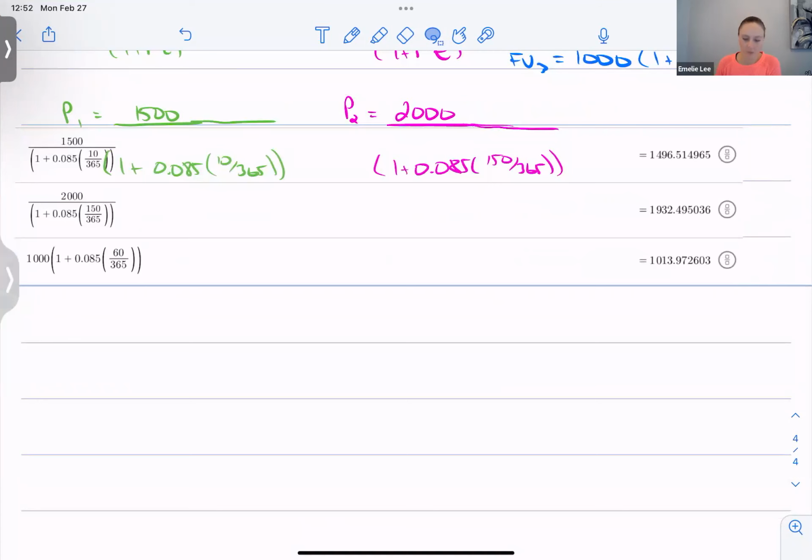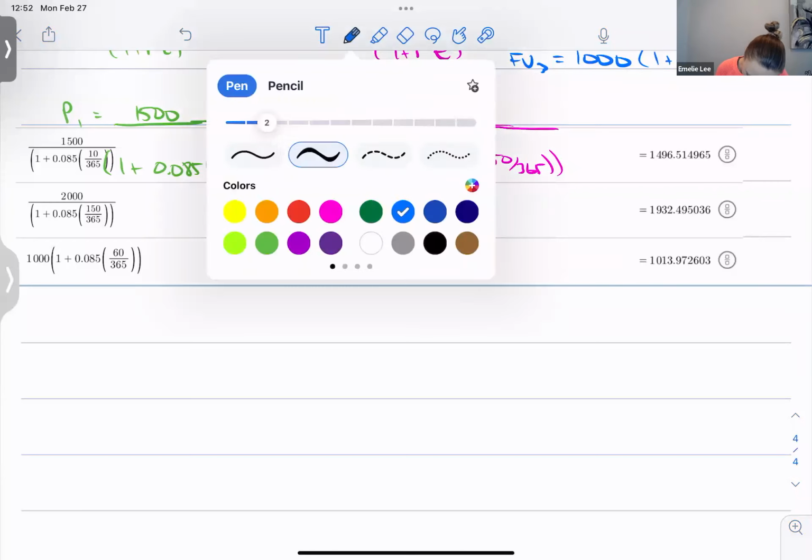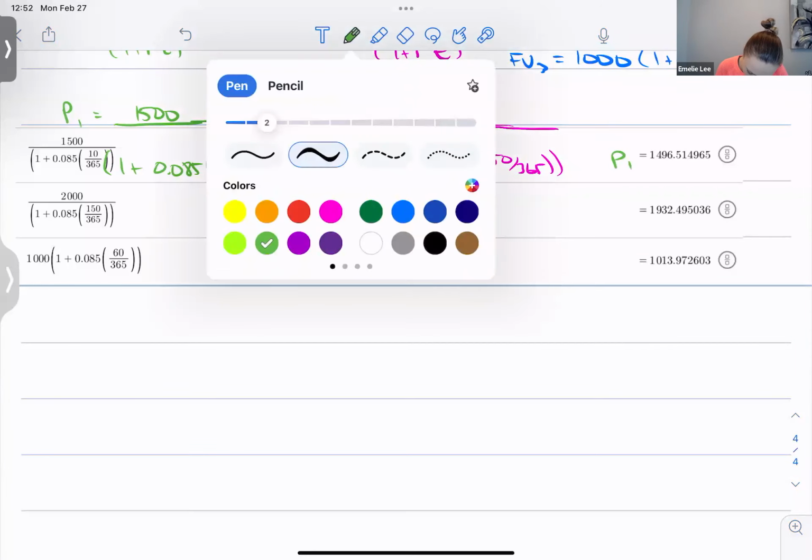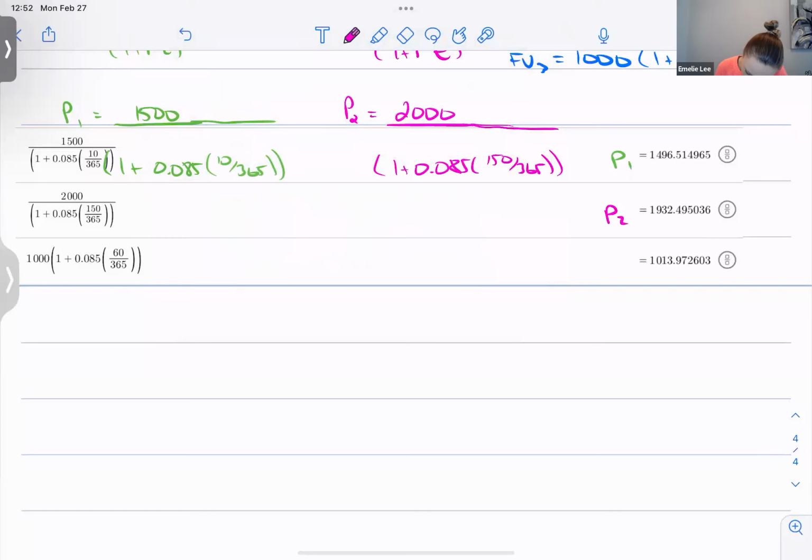I've got a page break here, so kind of tricky to deal with, but I think it's okay. So P1 equals that, P2 equals that, and future value 3.